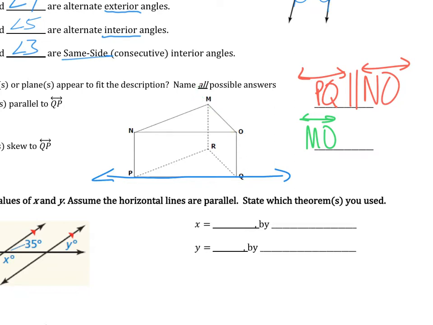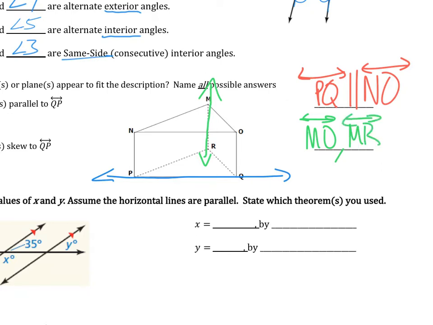How about MR? MR is never going to touch the blue one, even though it looks like it might touch it here. But using this drawing, we can see that MR is on a different plane. It's back, and it's going to kind of go behind the blue line there. So MR is another option. Those are skew.